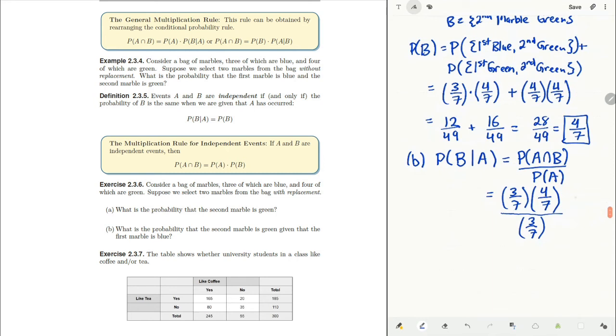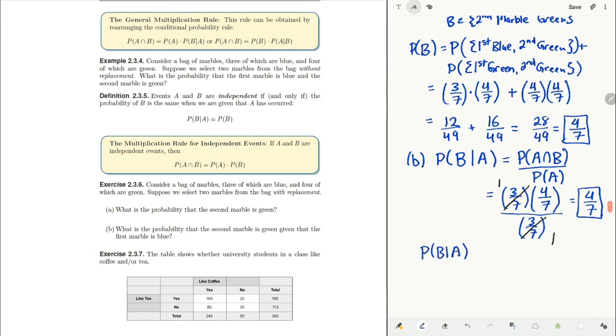Now you can simplify this fraction. You can notice that there is a common factor of 3 out of 7, so we can reduce this to 4 out of 7. Notice that from part B and from part A, both of these probabilities are 4 out of 7.